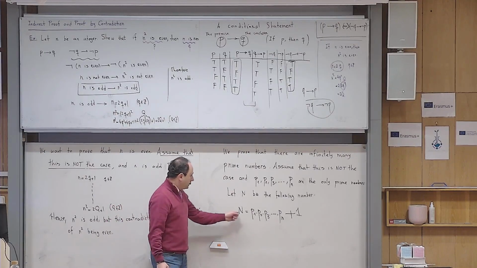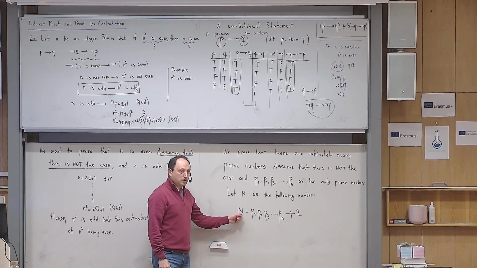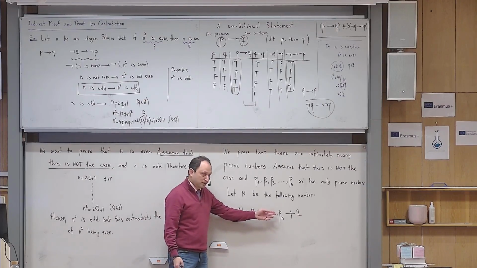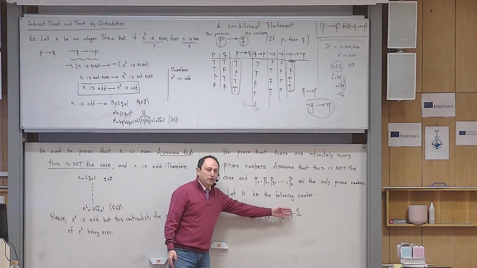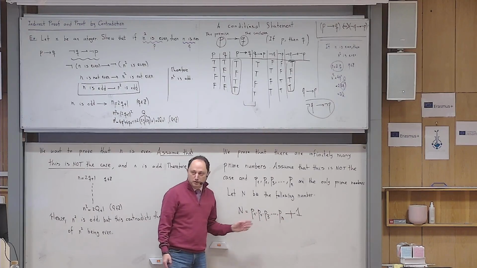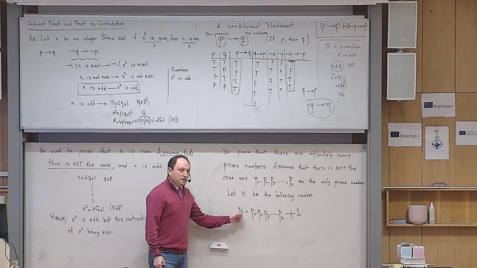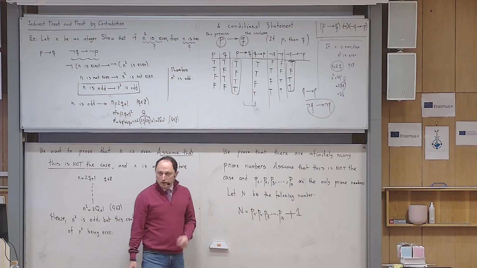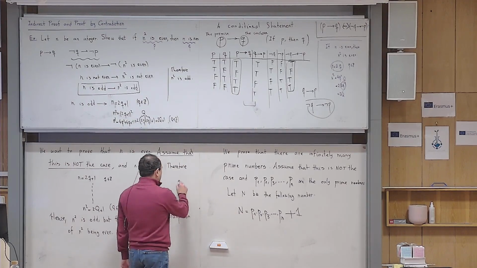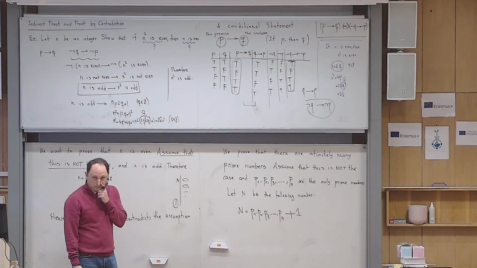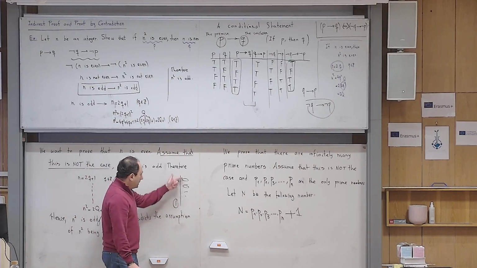First of all, tell me, do you agree with me this number is definitely greater than 1? Yes, because in the list of prime numbers, the smallest one is 2, let alone the other ones. So if you multiply them and add 1 to it, definitely it becomes a number greater than 1. And if a number is greater than 1, you know that you can factorize it. Do you remember this method? You write the prime numbers here, and then finally you come up with number 1. So you can factorize it.